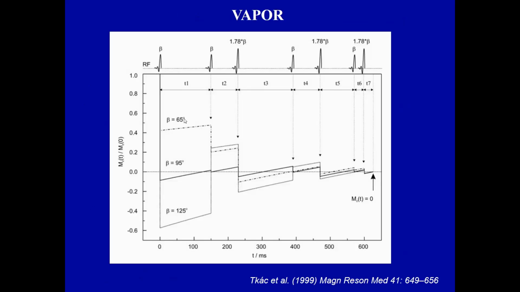VAPOR is another method from Kock, 1999. This method he developed to overcome B1 inhomogeneity. No coil is perfect. Surface coils have a more dramatic problem with B1, but this can have advantages even for volume coils.